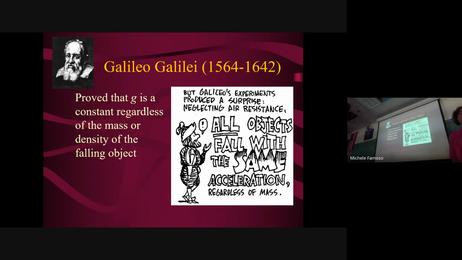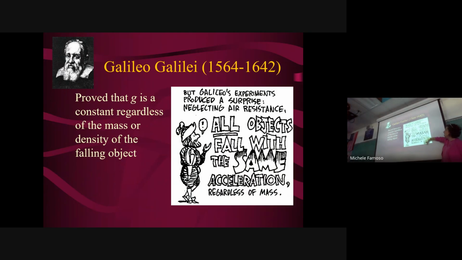So what Galileo was able to do was prove that this value of lowercase g is a constant, regardless of how massive or how dense the falling object is. So his big contribution to this unit is that all objects fall with the same acceleration regardless of their mass.